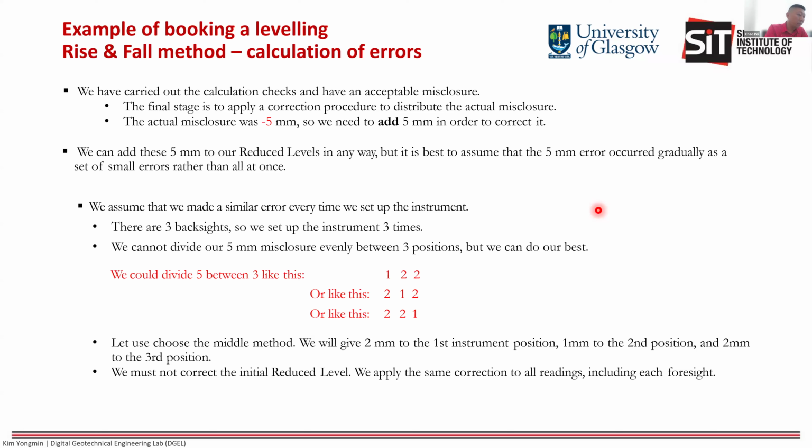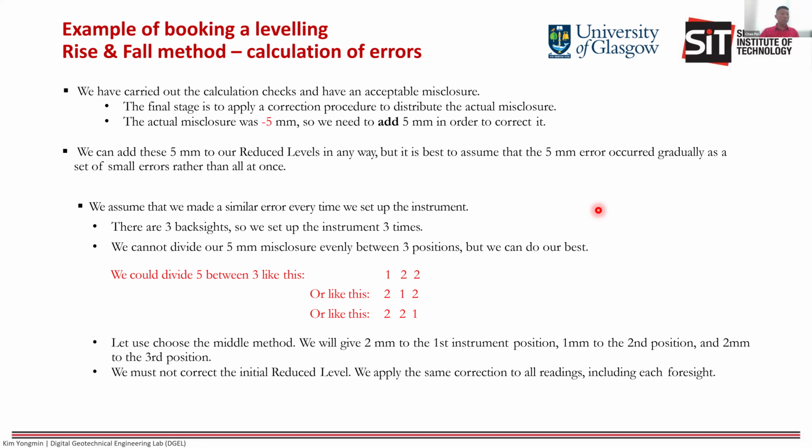So if this occurred gradually, then we can distribute it evenly. Let's say we use 5 divided by 3, which is actually 1.667 something, and you cannot just adjust each reading by exactly 1.667 because less than 1 mm is not really recognized and is not really meaningful.